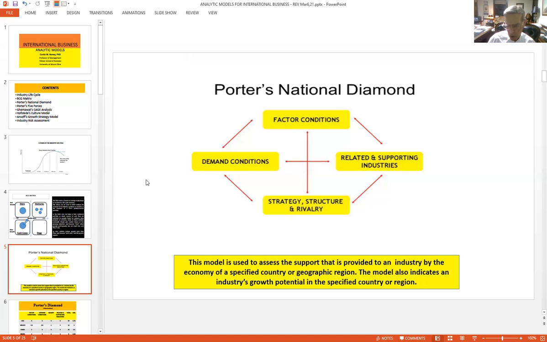Back when Porter was doing this, another industry was attracted to this form of analysis, and that was the cell phone industry, because it was difficult to lay telephone cable between Scandinavian countries, but cell phones didn't need them, and so countries such as Sweden and Denmark and Norway and Finland took to cell phones pretty quickly.